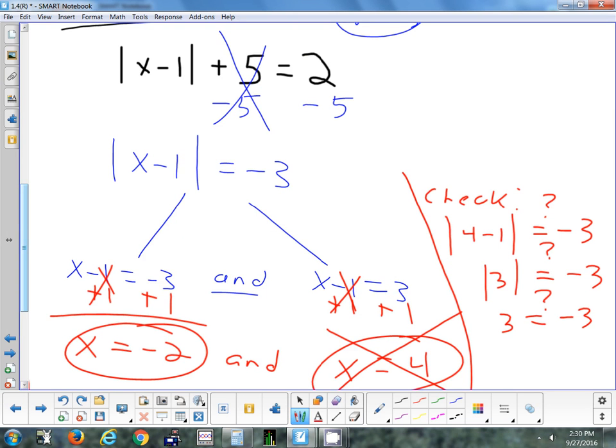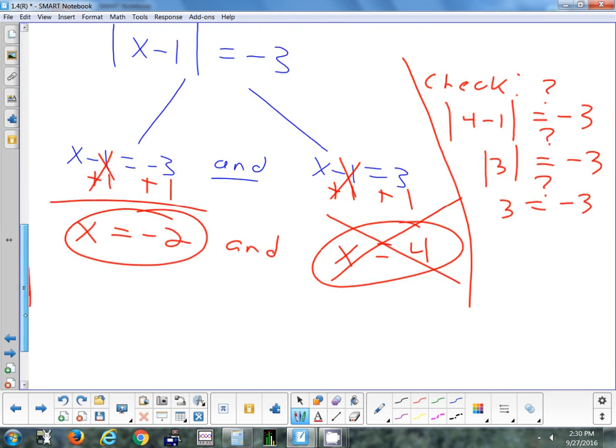Let's try negative 2. So plug in negative 2 minus 1. What's negative 2 take away 1? Negative 3. Yes. Think, you owe someone $2 and then you owe someone 1 more.